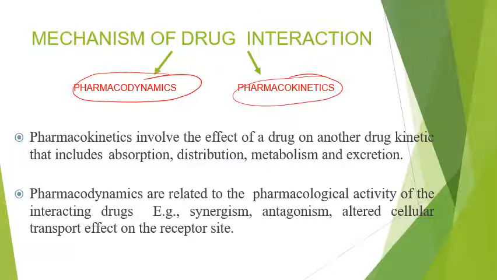Let's start with pharmacokinetics. It involves the effect of a drug on another drug's kinetics, that includes ADME, that is absorption, distribution, metabolism, and excretion. Followed by pharmacodynamics. These are related to the pharmacological activity of the interacting drug, for example synergism, antagonism, altered cellular transport, effect on the receptor site.